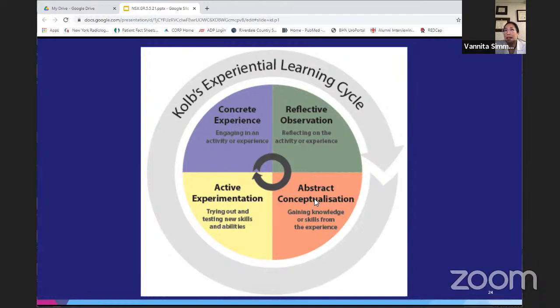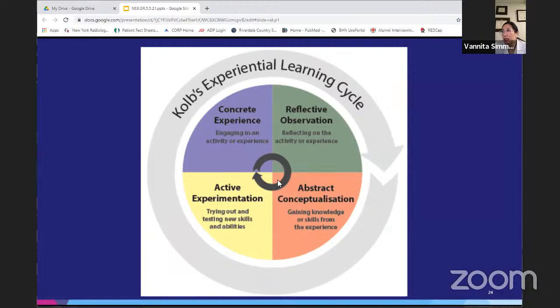So number one, starting off with the purple here, having a concrete experience, followed by observation or reflection of that experience in green, which then leads to the formation of abstract concepts. We're able to have an analysis, which is here in orange, which is then used to formulate a hypothesis in future situations, resulting in new experiences.